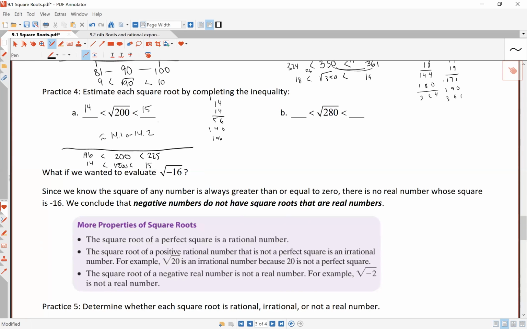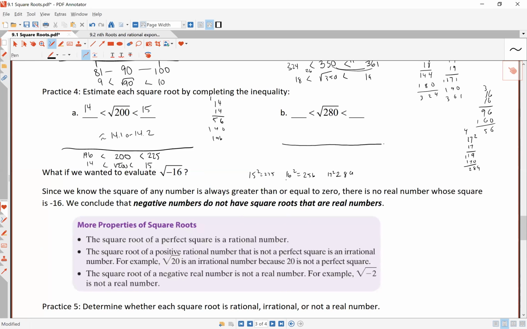And then the square root of 280. We have 15 squared is 225. 16 squared is 256. 17 squared, 289.